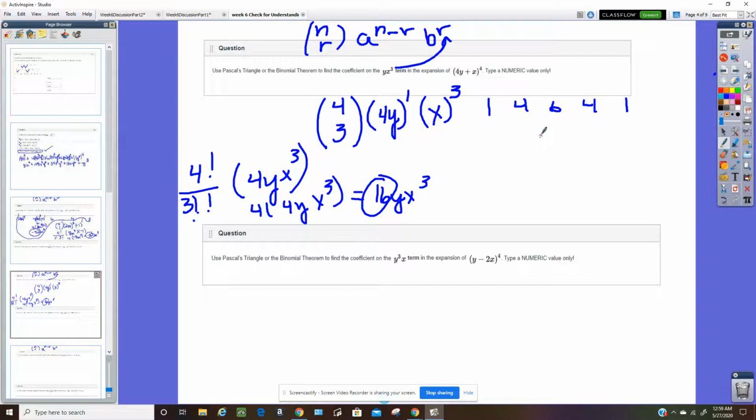And I want the x cubed term, so this is x to the 0, x to the first, x squared, x cubed is this coefficient, so 4 times 4y to the first power, and then x to the third.